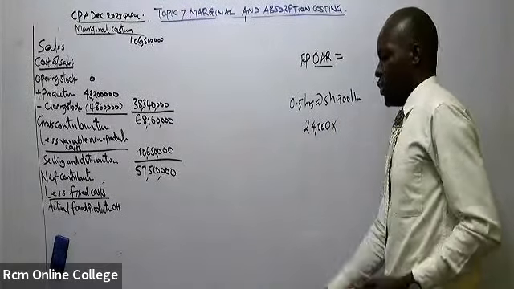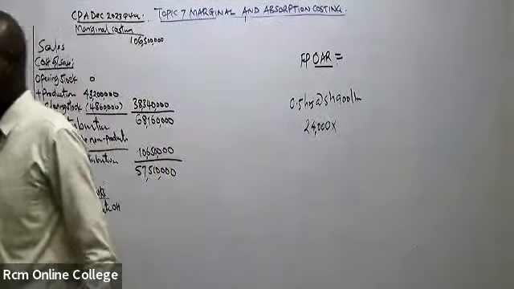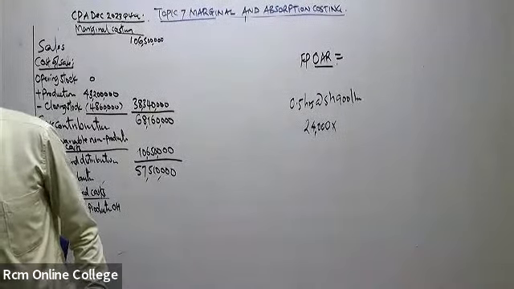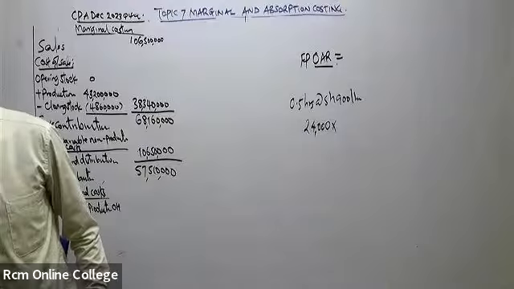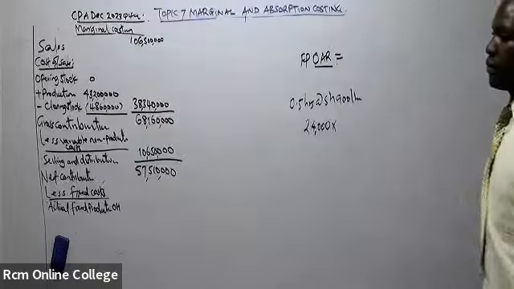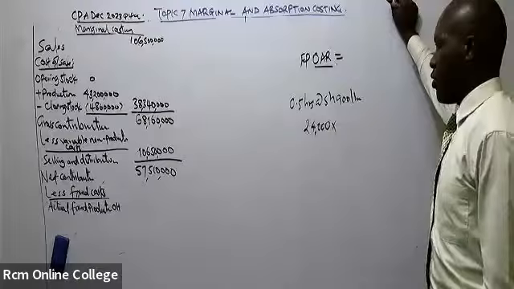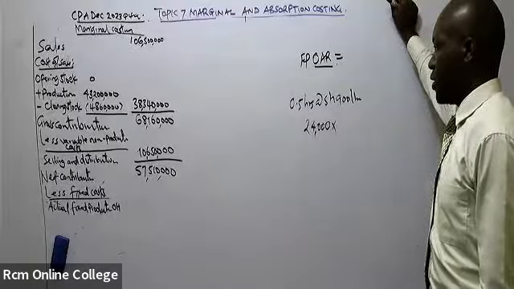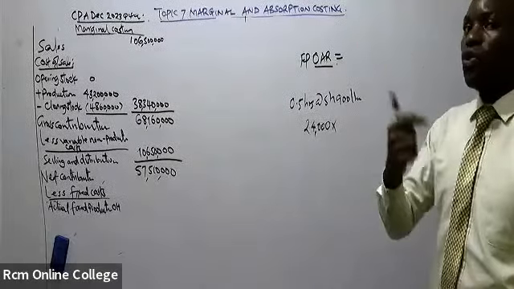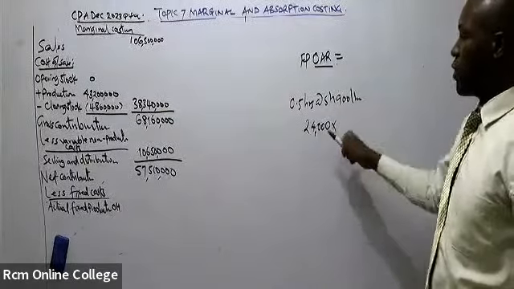And do we have the total costs? It is 0.5 hours per unit, but the labor rate per hour is 900 shillings. And we have 24,000 hours.